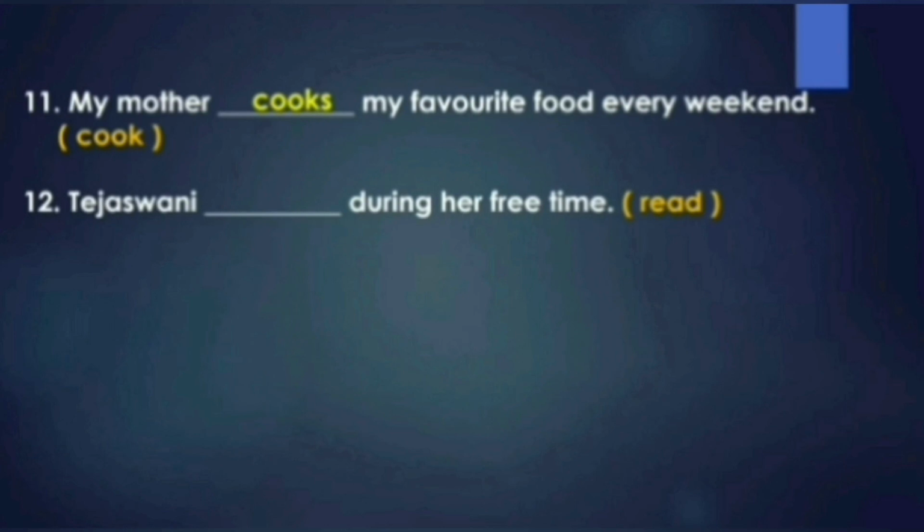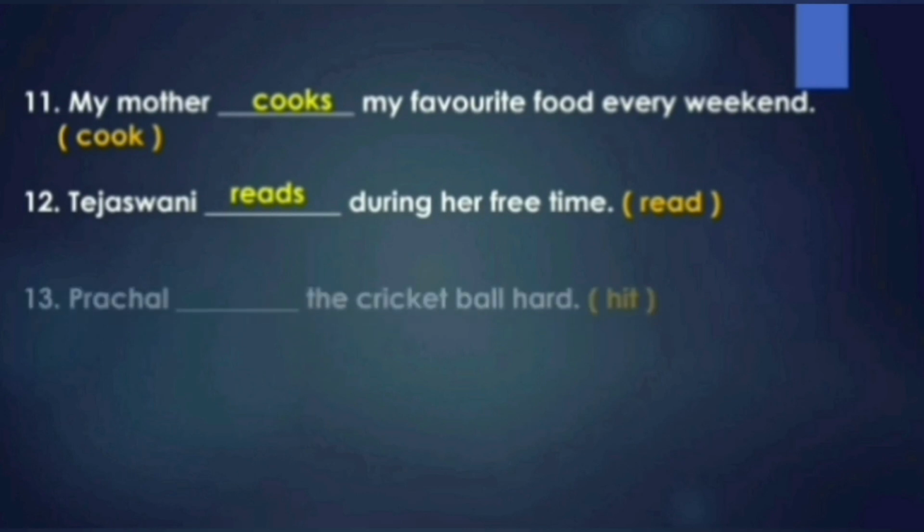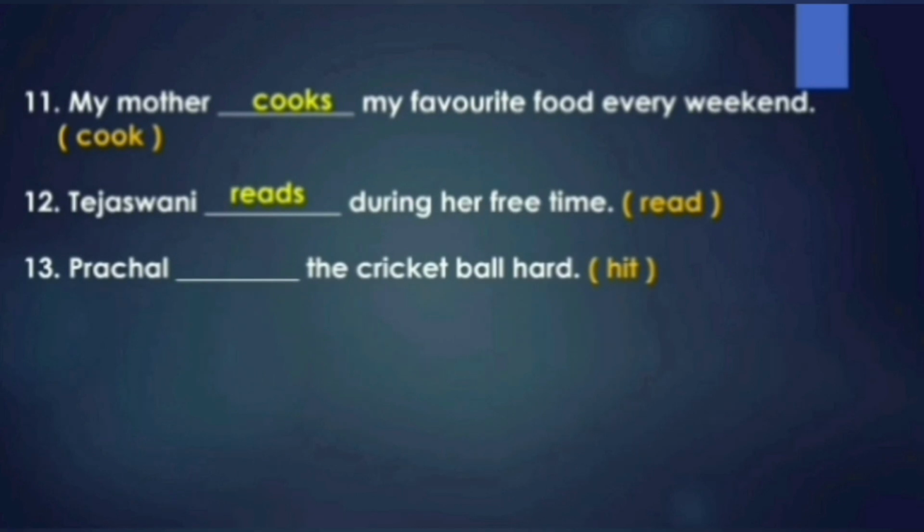The answer is: Tejaswini reads during her free time. 13th one, Prachal dash the cricket ball hard. The answer is: Prachal hits the cricket ball hard.